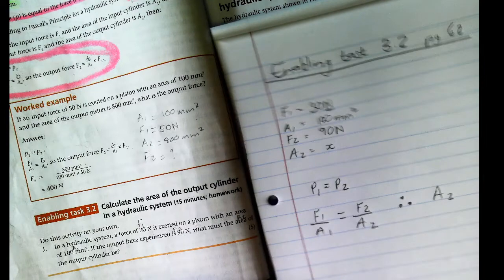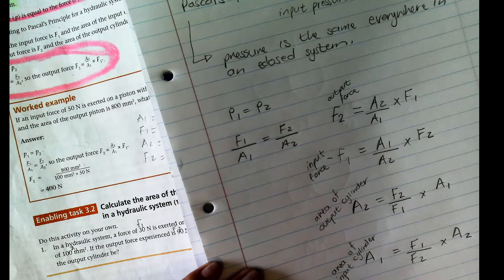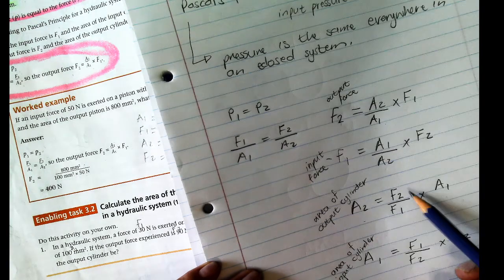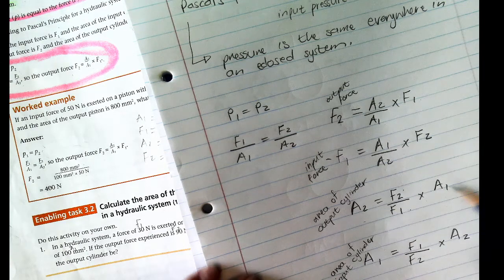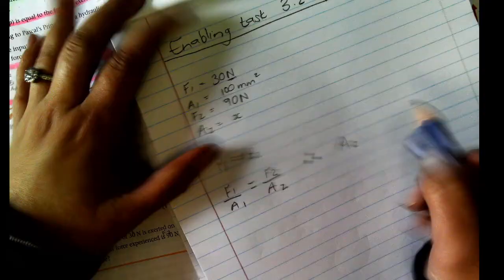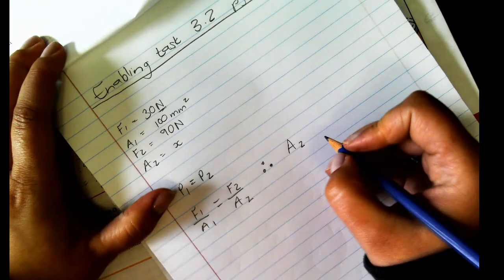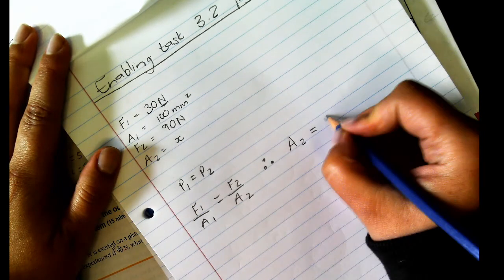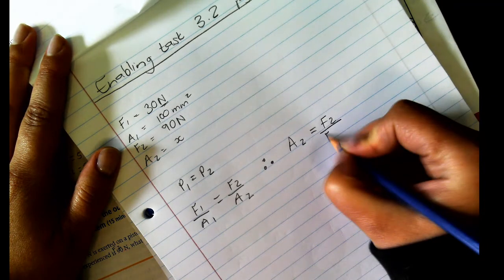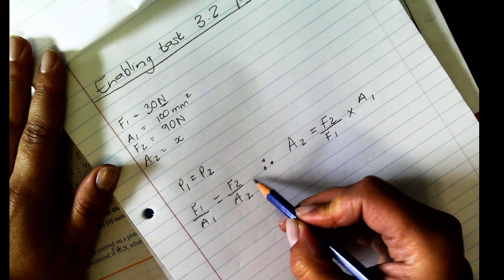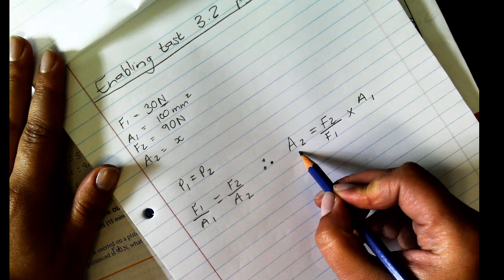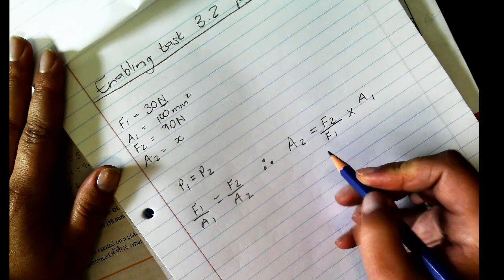Remember, on our previous notes, we saw that if I want to calculate A2, then it is F2 over F1 times A1. So A2 is equal to F2 over F1 times A1. This step from there to there is important. You actually get a mark for it.